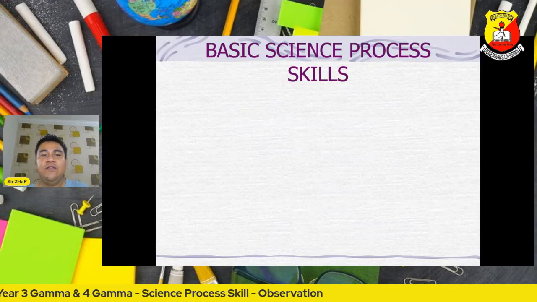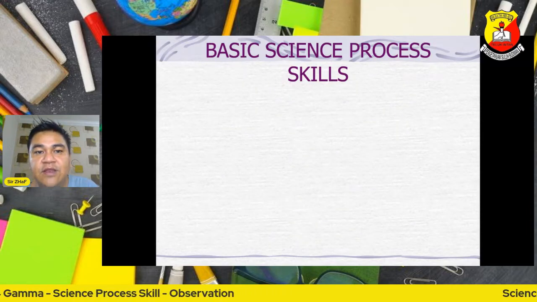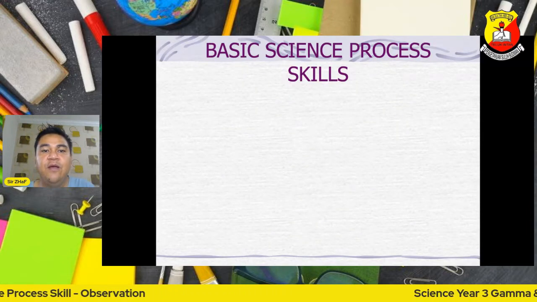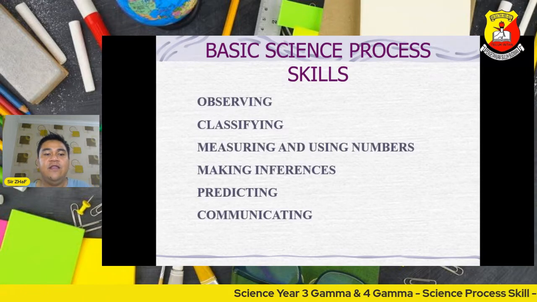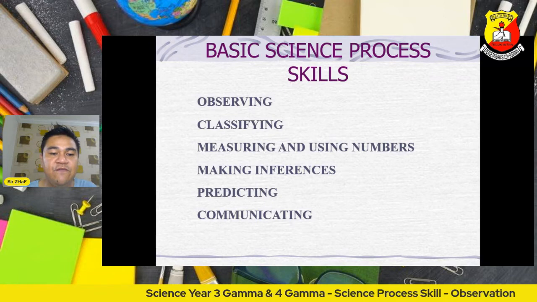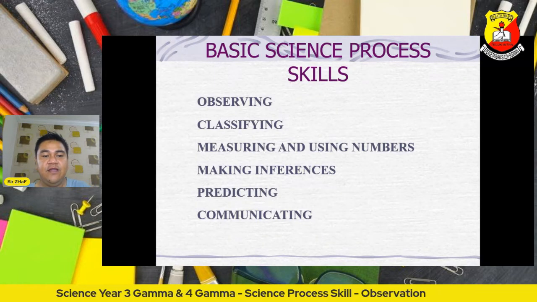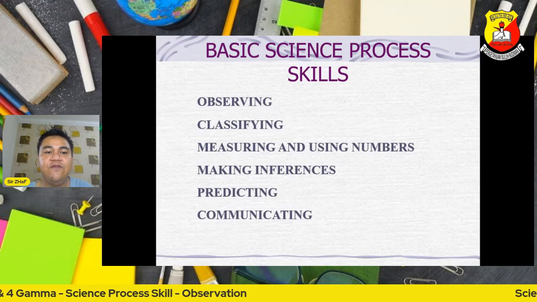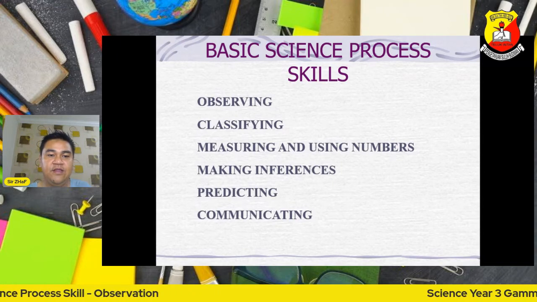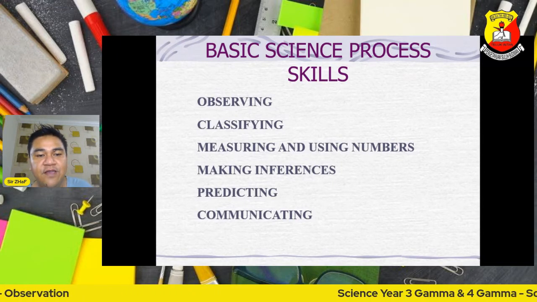This is what you will learn in primary school: basic science process skills. There are 6 basic science process skills. The first one is observing. The second one is classifying.